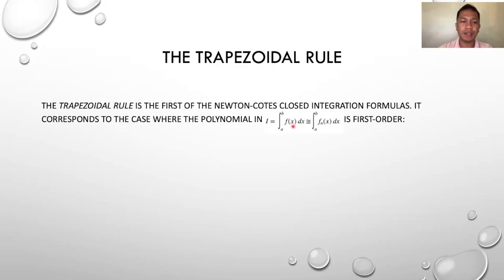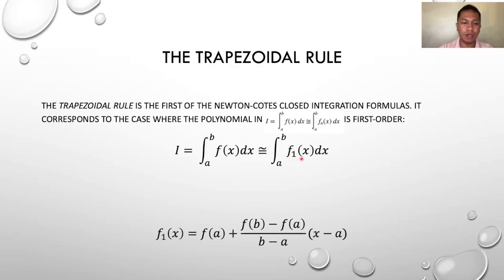It corresponds to the case where the polynomial in I is equal to the integral of f of x dx from a to b, approximately equal to the integral of f sub n of x dx from a to b, is first order. So we just changed the letter n to 1.